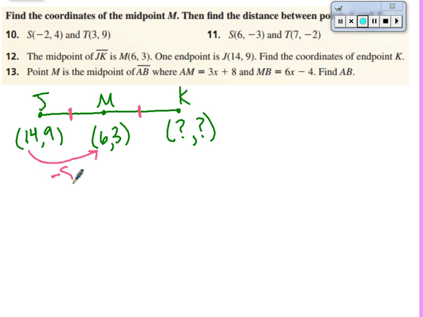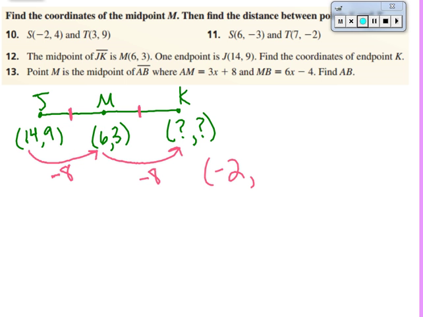It went minus 8. So my x for K is going to be the same distance from that. So I'm just going to go down 8 more, meaning you need to subtract 6 minus 8. 6 minus 8 gives you negative 2. So the x coordinate of K is negative 2.